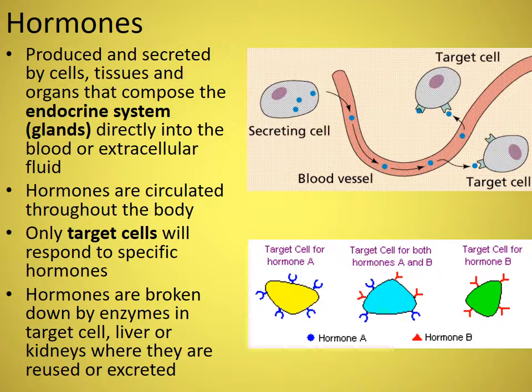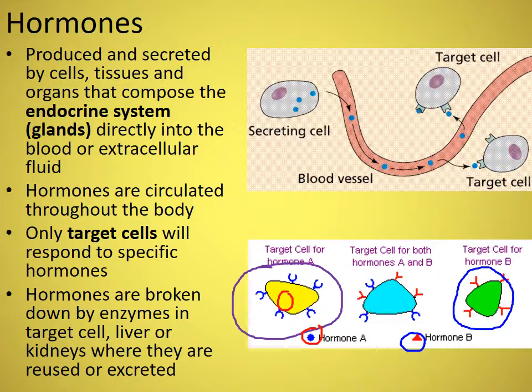Taking a look at this picture here, we've got target cell A and we've got hormone A. Specific receptors on the cell membrane will identify that hormone A, and there will be a response in that cell. Taking a look at hormone B, the target cell for hormone B has those specific receptors.